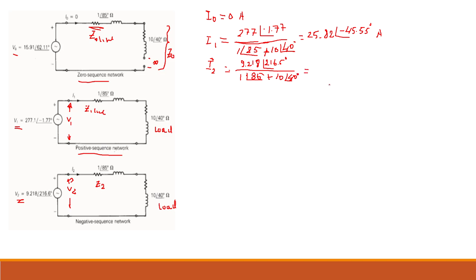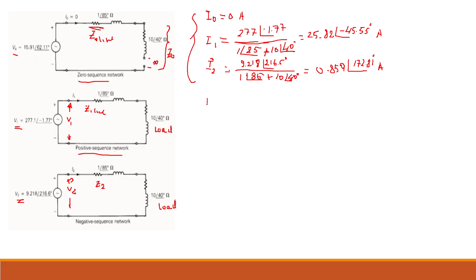And I2 is equal to 0.859 with an angle of 172.81 ampere. Okay, these are the sequence components of the current IA.